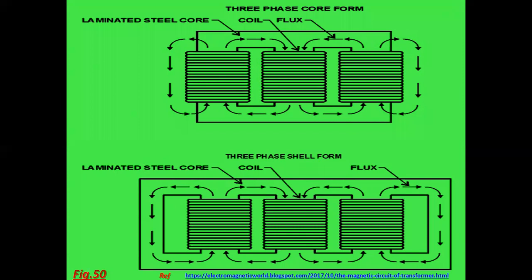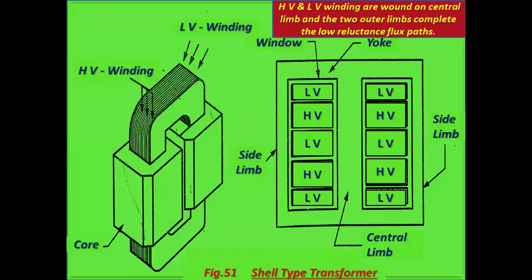In case of shell-type, see the flux totally within the core, left side and right side core limbs. HV and LV winding are wound on central limb, and the two outer limbs complete the low reluctance flux path.